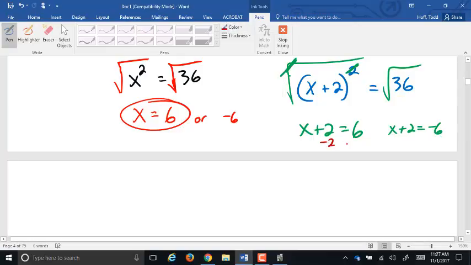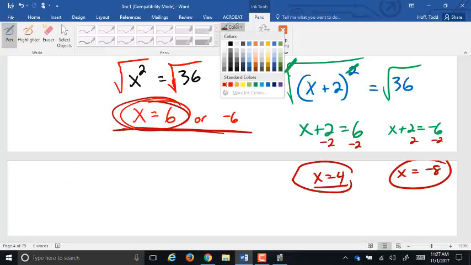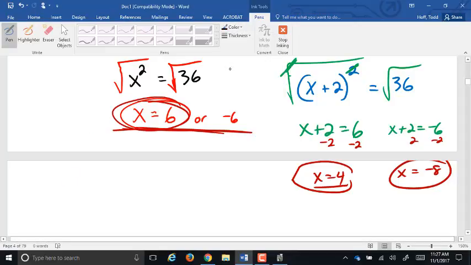If there's extra steps, you really should do it that way. Like here, you'd subtract 2 in both cases. Here, x equals 4. Here, x equals negative 8. Since there's nothing extra to do here, once you square root, it's just either x equals 6 or negative 6 are the two possible answers. Realistically, I'm happy with the 6 for now.